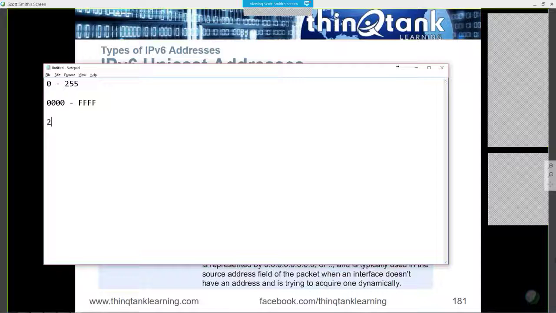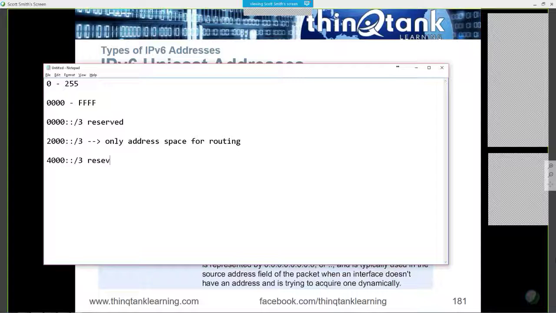2000::/3 is the only address space used for routing today. Okay, so that means that 0000::/3 is reserved, and that takes us up to the 2, and then we've got 4000::/3 reserved, and so on.